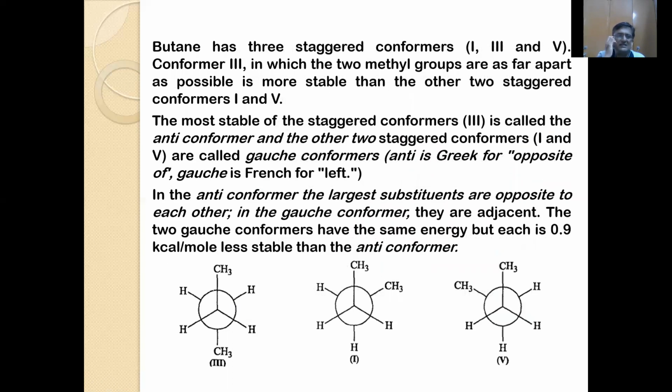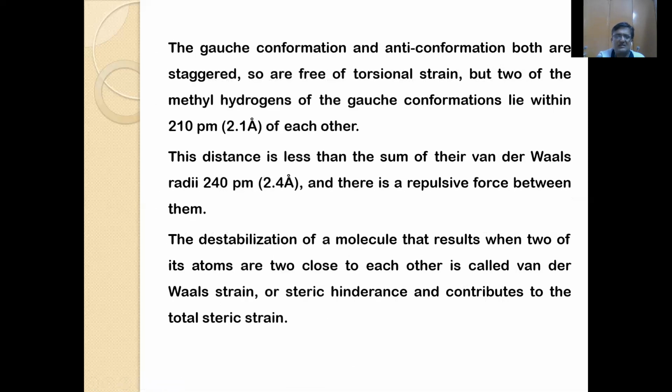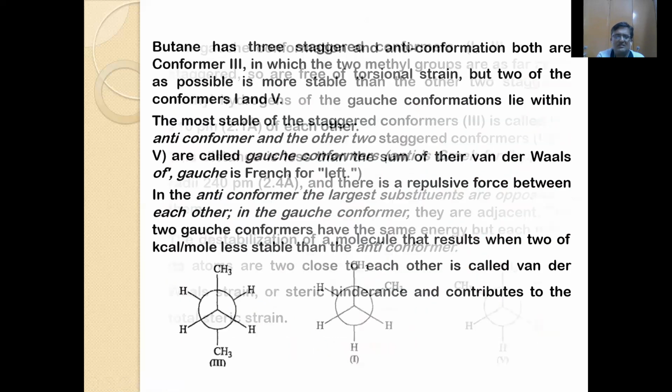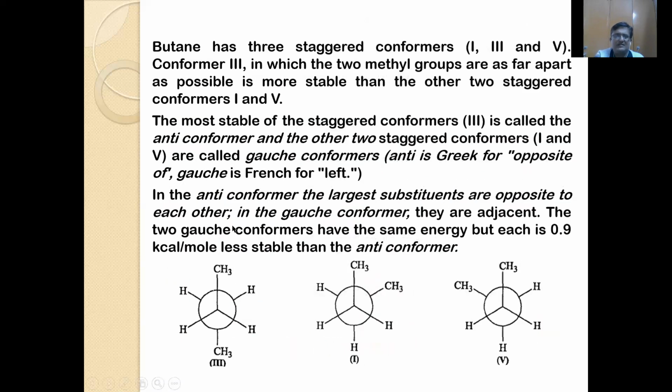So butane has 3 staggered conformations: 1, 3, and 5. In the previous slide you have seen these. Of all these, the third one is more stable.